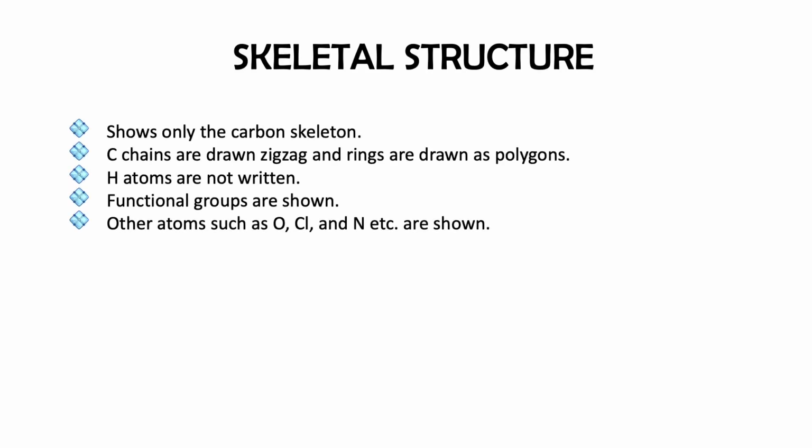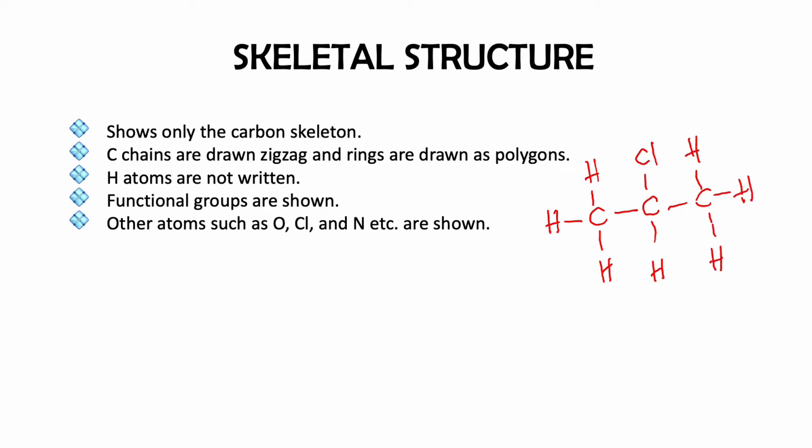Okay, last, madam nak tunjuk pula skeletal structure. So skeletal structure ni macam mana pula? Madam nak bagi contoh yang ni lah. CH H C Cl H, C H H H. So yang ni macam mana kita nak buat?